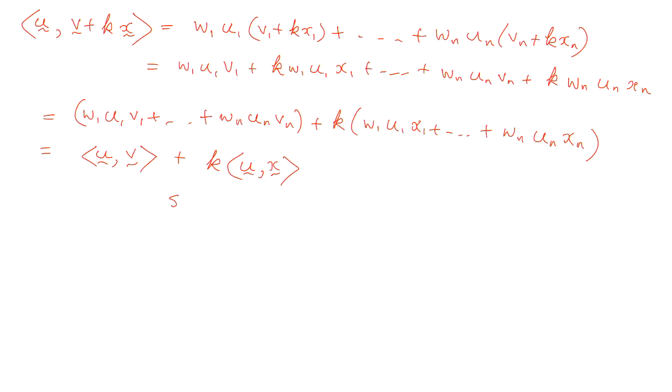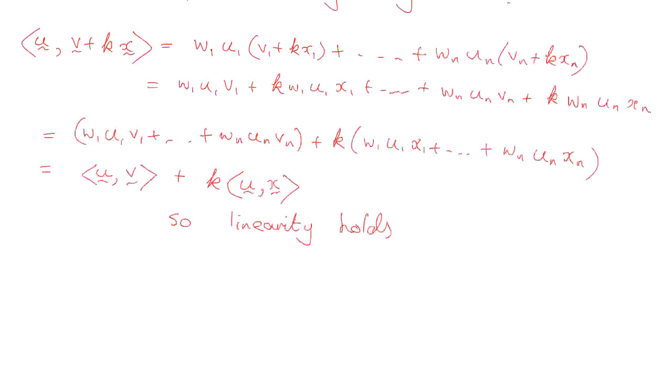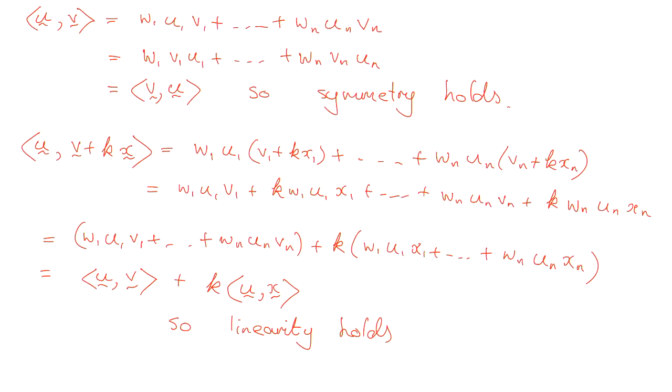So linearity holds. All right, because for each fixed u, the inner product of u and whatever is a linear function of whatever. Okay? It preserves linear combinations in the second argument. So, is everybody happy so far?